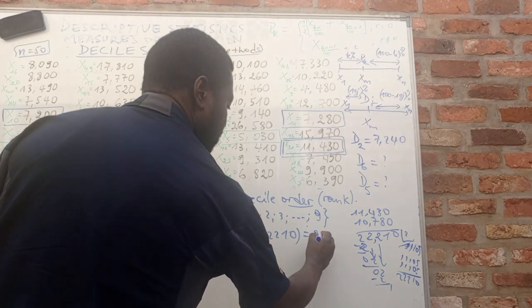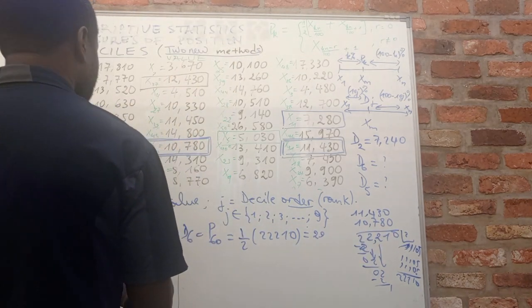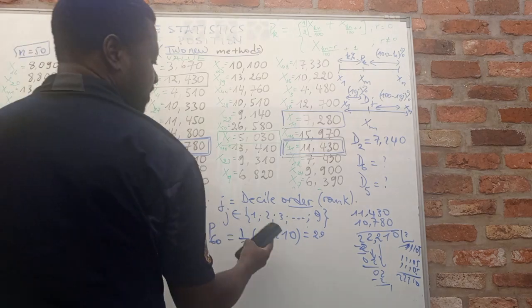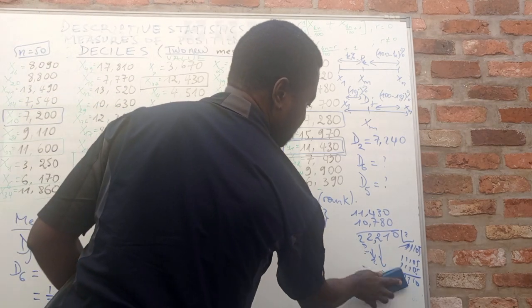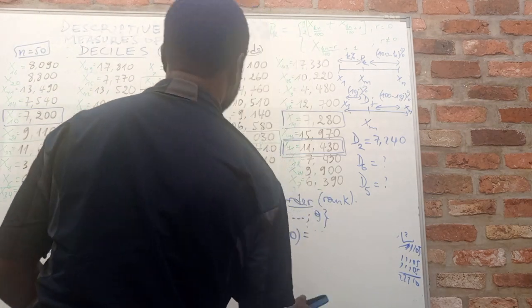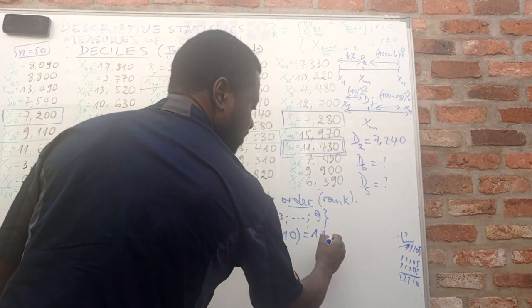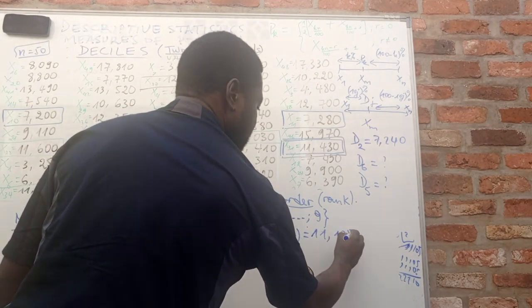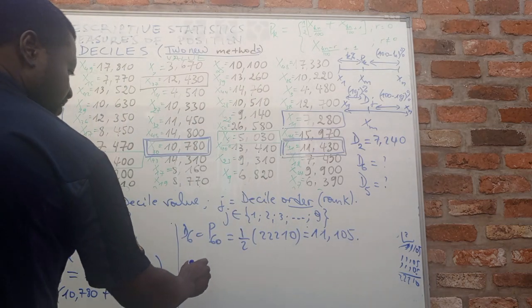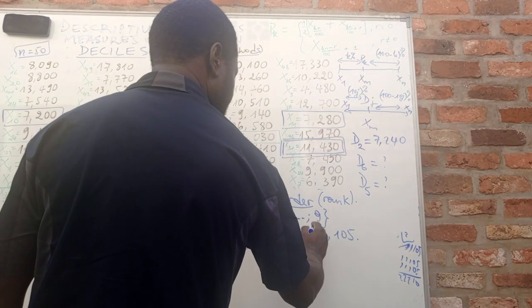No, it is, sorry, it is 11,000. This is 11,105. So this is the D6.